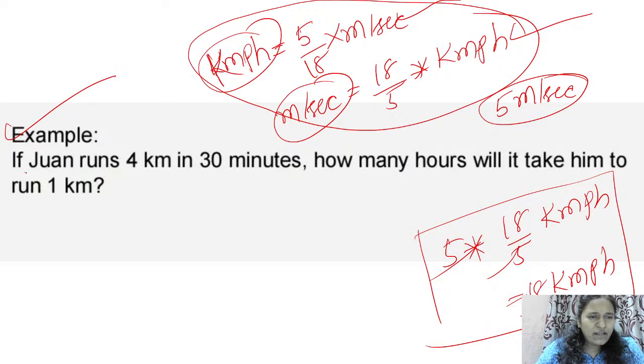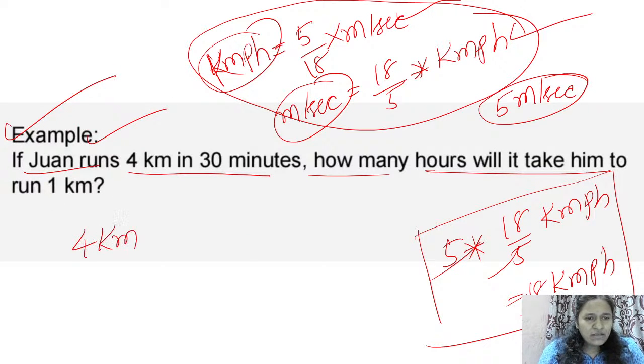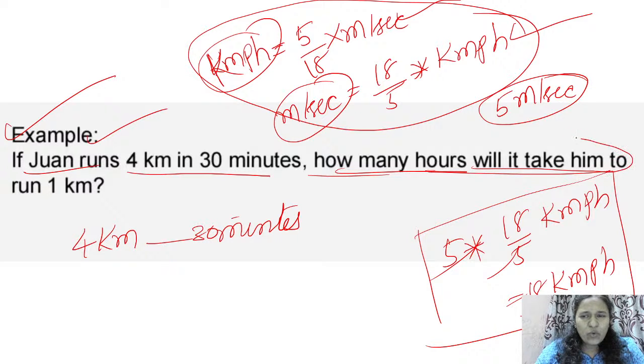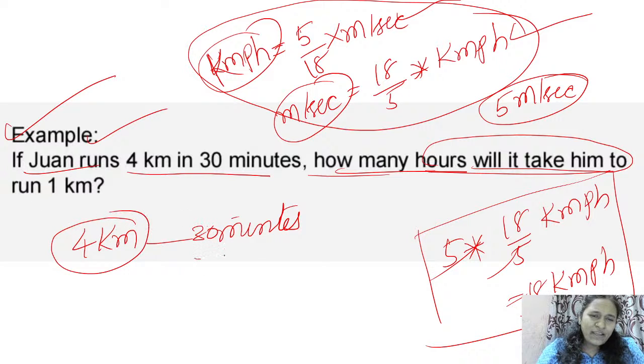Here one question is given. John runs 4 kilometers in 30 minutes. How many hours will it take him to run 1 kilometer? One person, John, is running 4 kilometers in 30 minutes. The question is how many hours will it take him to run 1 kilometer? That means in 4 kilometers he is running in 30 minutes, so how many hours is that?